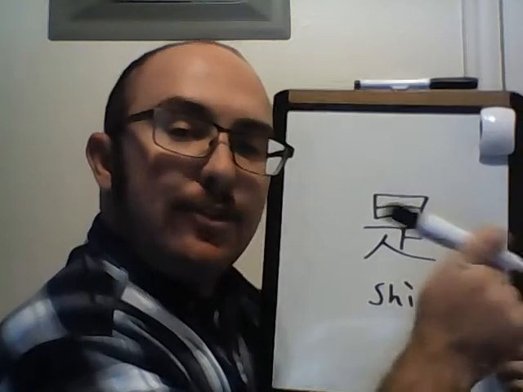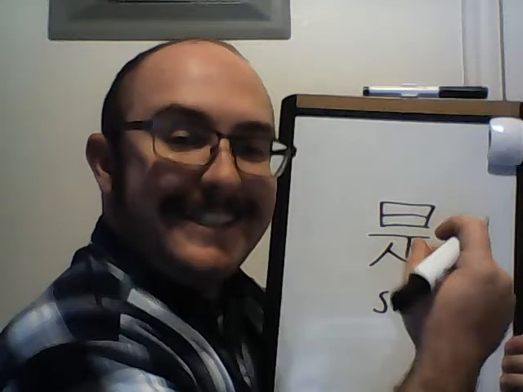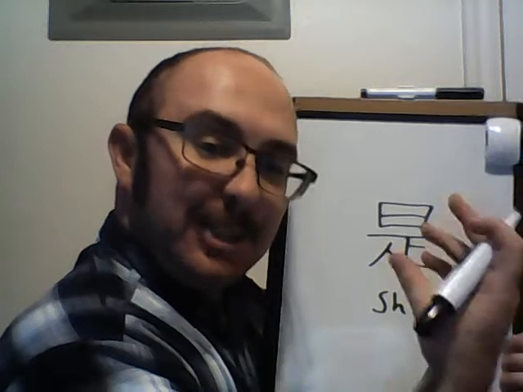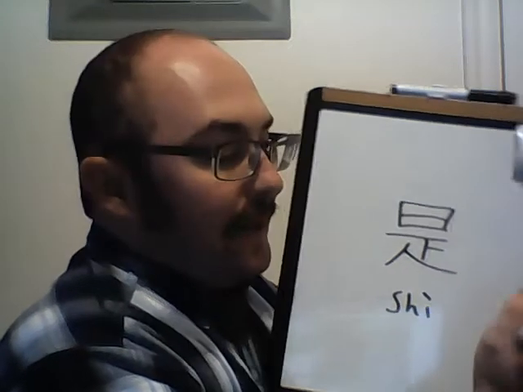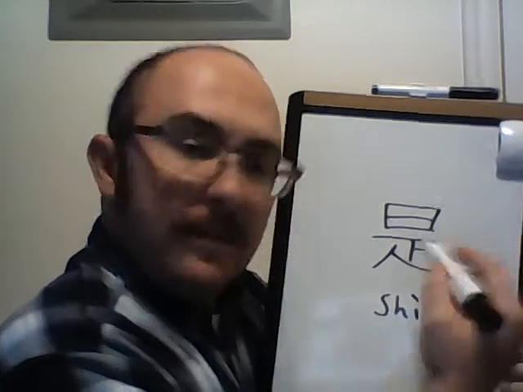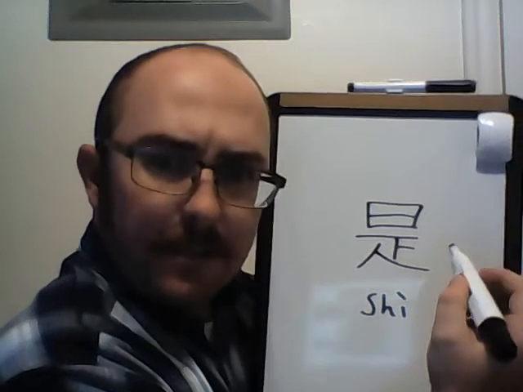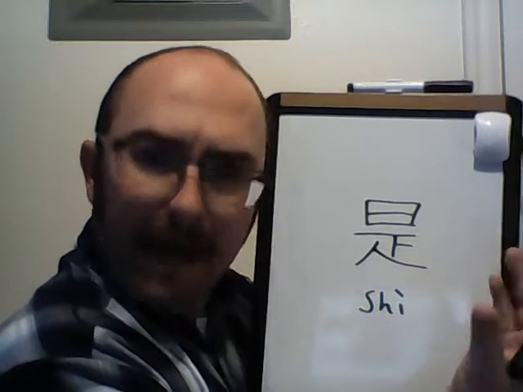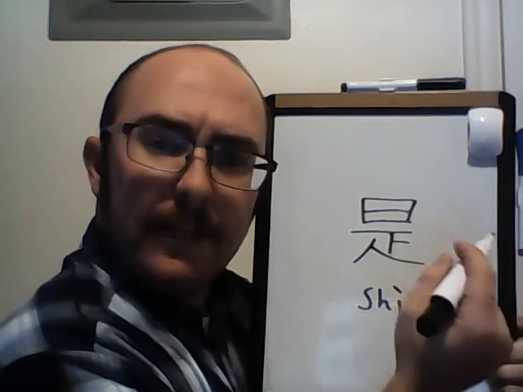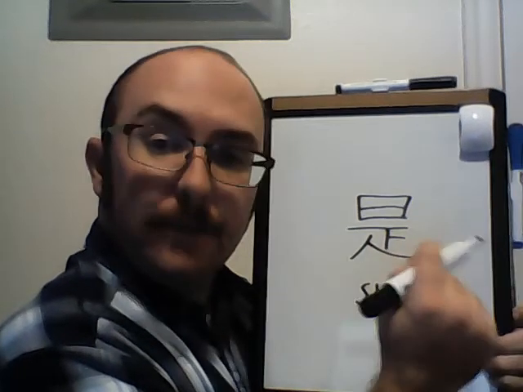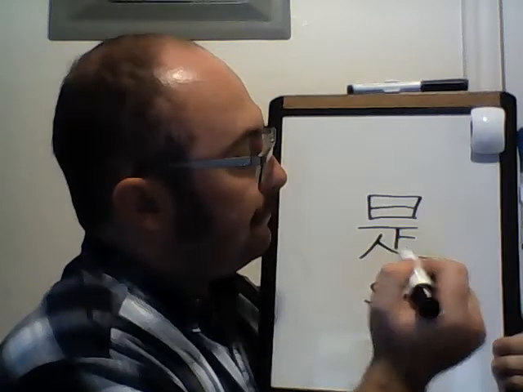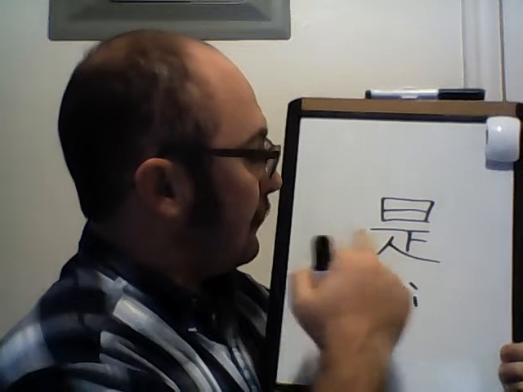This is the Chinese to be verb. This is the is, am, are, was, were, right there. And in some situations, this can also mean yes. Shi ma? Is it? You put shi or shi de. Shi de. So shi.